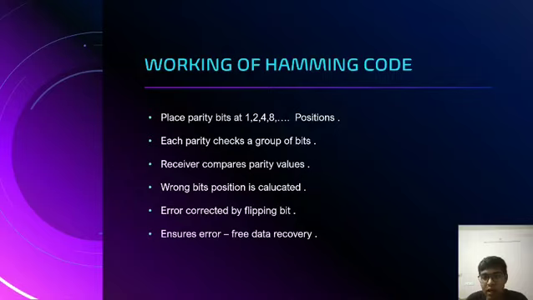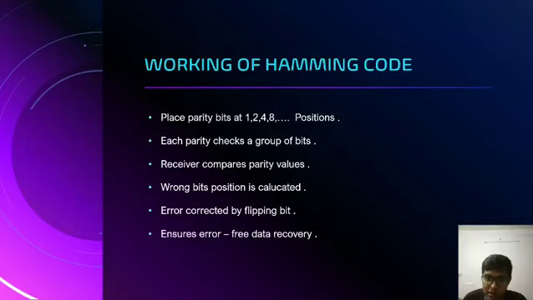At the receiving end, the receiver compares the parity values. If all parity checks are correct, it means no error has occurred. But if there is a mismatch, if we have a mistake, the position of the wrong bit can be calculated mathematically.